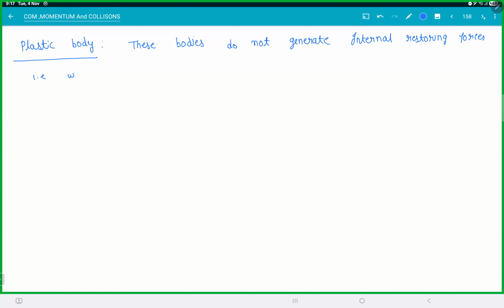That is, when a force is applied, the body gets deformed. So chapati dough, you poke it, it will get deformed. But when you remove your finger, it doesn't come back to the normal state. It does not recover at all. Chapati dough is pretty close to a plastic body.